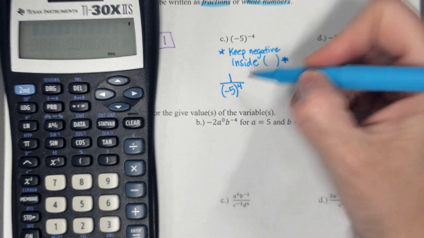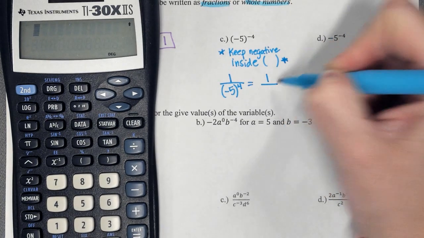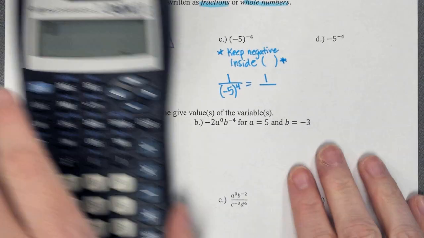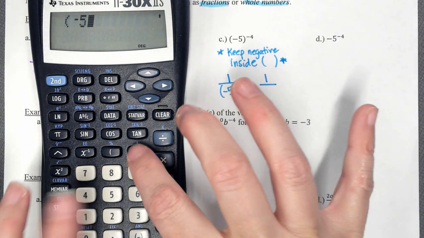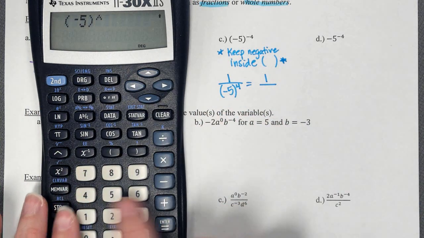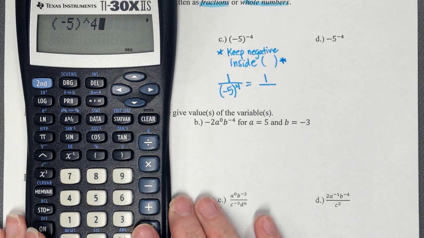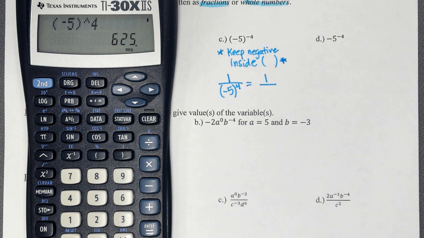So we know the top is going to stay 1. Let's see what happens when we plug in the -5. So if you have -5 to the 4th power, will you guys plug it in on your calculator too? I want you to plug in both so you can see what's going to happen.